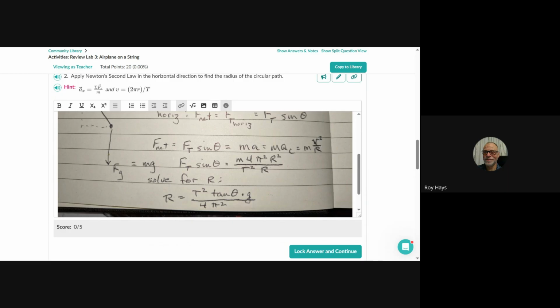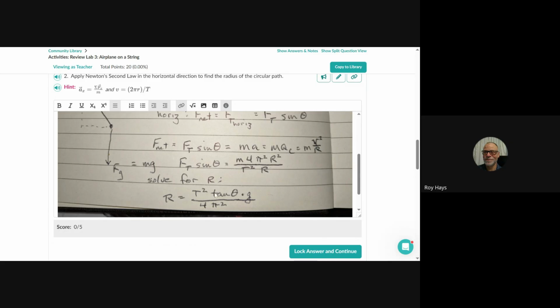If I now replace v squared by (2 pi r divided by T) squared, what I have ultimately is F_T sine theta equal to m times 4 pi squared r squared over T squared r.